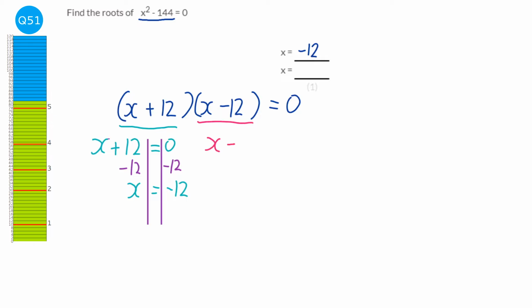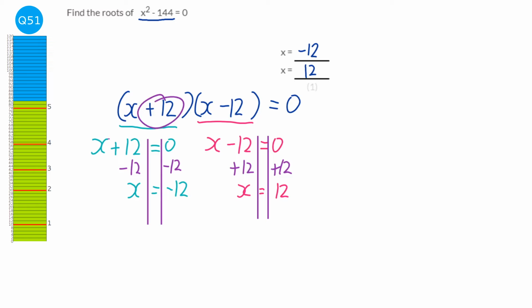So get it equal to 0 and solve. So add 12 both sides. You'll notice something about the numbers here, that they are exactly the same, and that's because when you find a solution, you get the number here and you just change the sign, so that becomes minus 12 and that becomes plus 12.